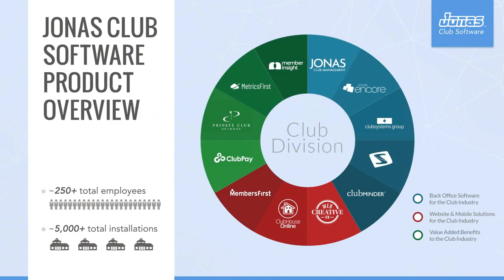And then we also have some web brands such as Members First and Clubhouse Online, which maybe some of you have used. And then we have our value-added benefit services, which MemberInsight, which we'll be speaking about today, is included in.